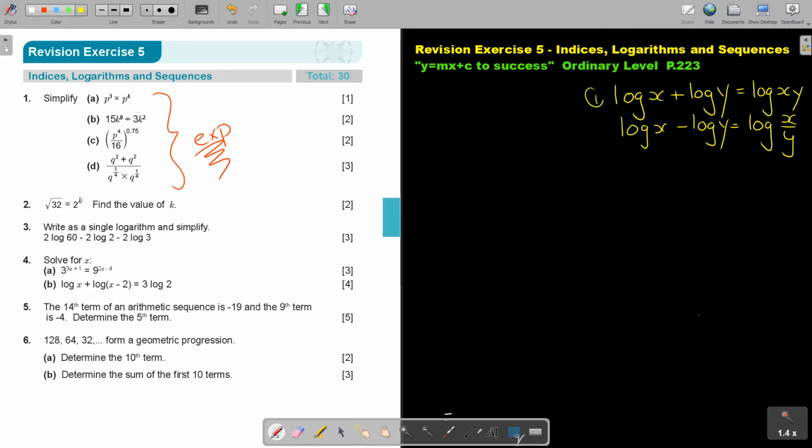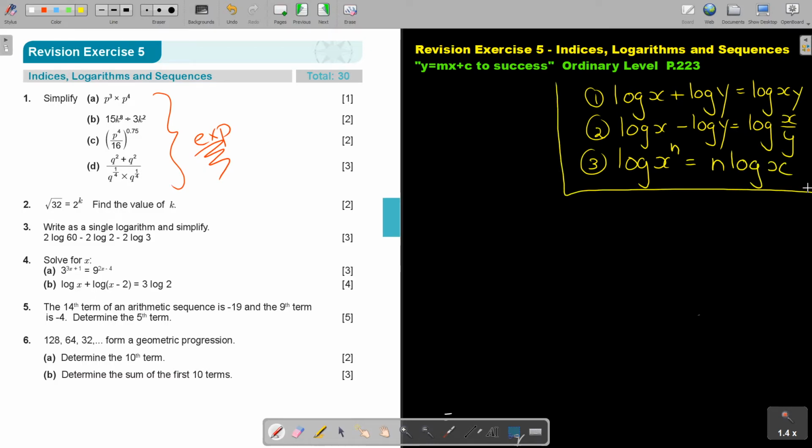This is the first one, the second one. So it's the product, the quotient, and then the power one is log, and this is now just base 10, so it's easier if I write it like this: log x^n is equal to n log x. There's your three rules. So go through the summary and just memorize all the rules. I actually could have just worked with the summary. All the rules stand on page 224.